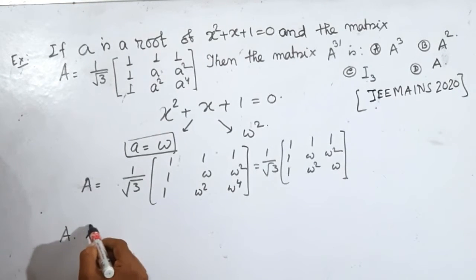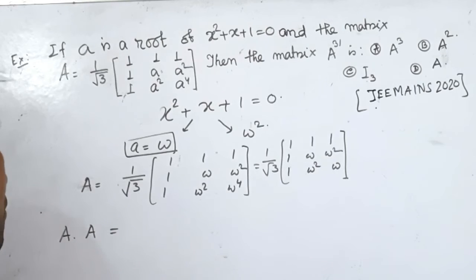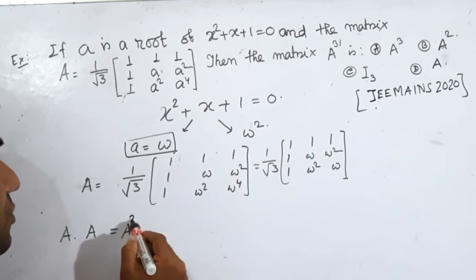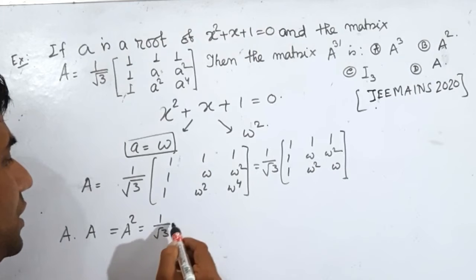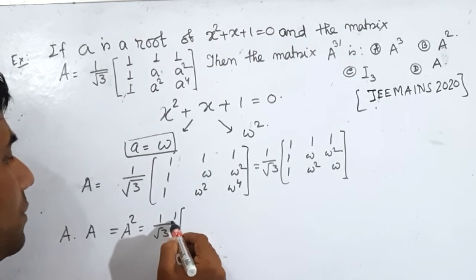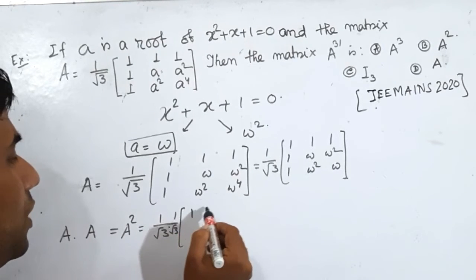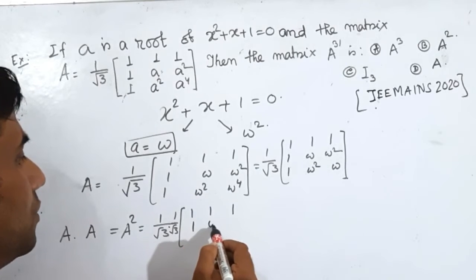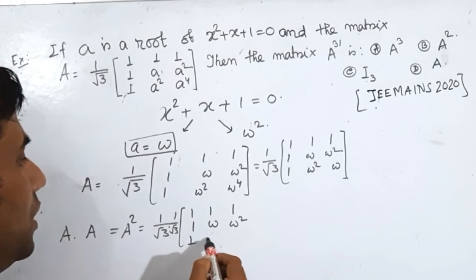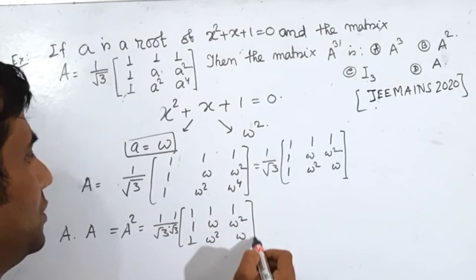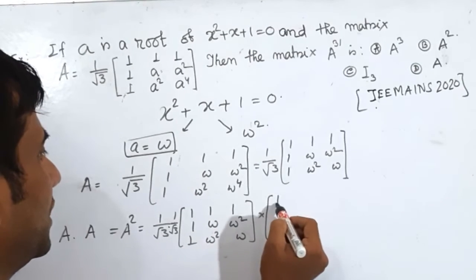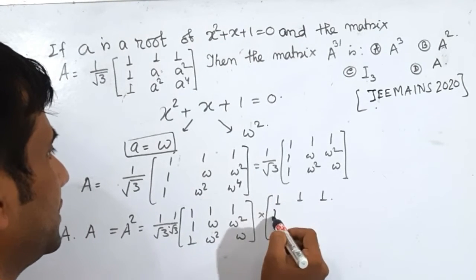What we need to do is A into A, that means A square, that means 1 by root 3 into 1 by root 3 into the matrix [1 1 1; 1 omega square 1; omega square omega], into, again we are multiplying the same matrix.